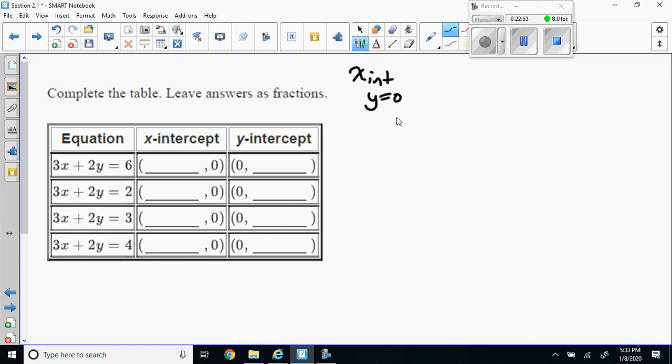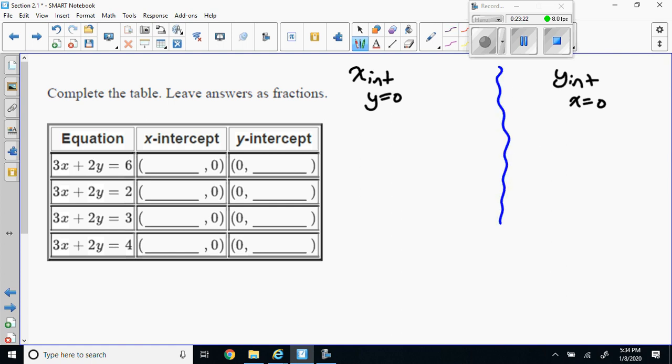Reason being is that helps me to understand where it's going to go, right? So we've got to find the X-intercept, we've got to find the Y-intercept. The Y-intercept is a point on the Y-axis, right? What is the value of X? 0. So that's the nugget of information I grabbed for that.